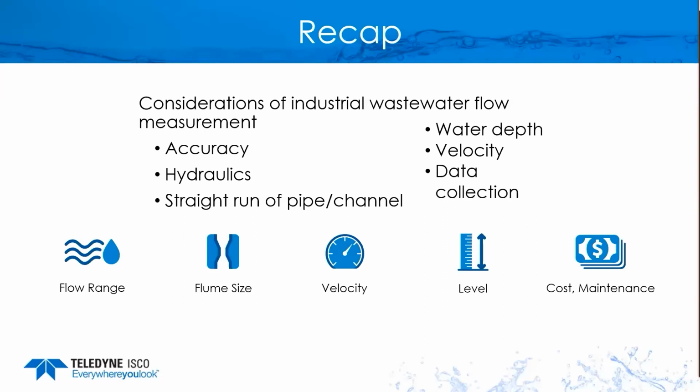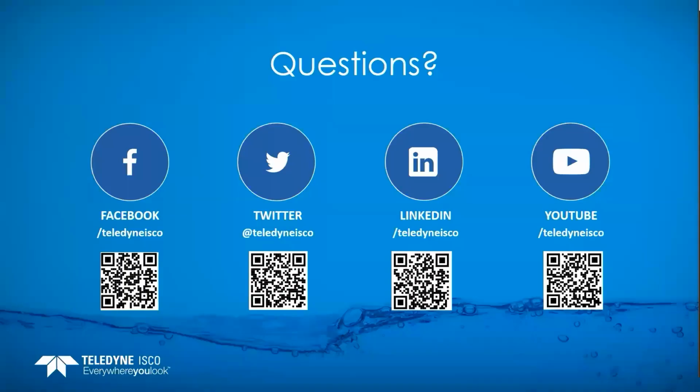And so those are a lot of things to consider. So I recommend that you contact your local sales rep or flume manufacturer, and discuss this with them before you purchase your flow metering device, and they would be happy to set you up with the most cost-effective and accurate system available.